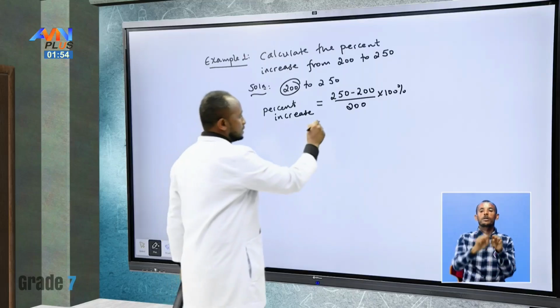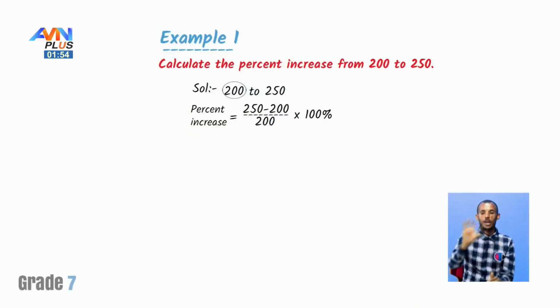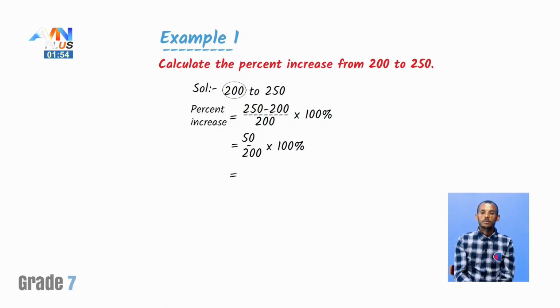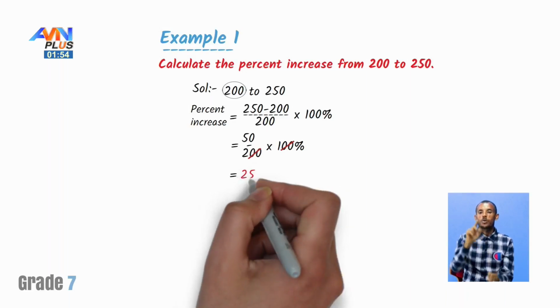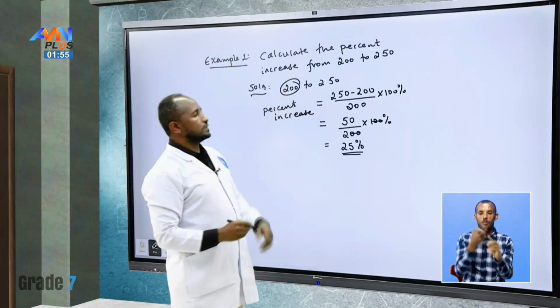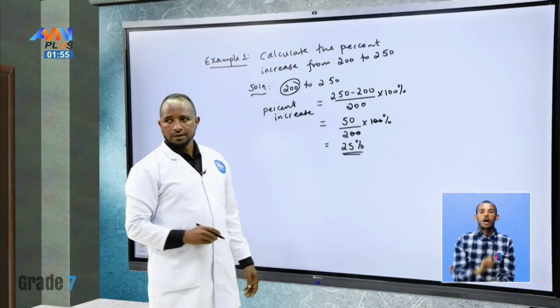So 250 minus 200 is 50, divided by 200 times 100%. Zeros cancel out, and you have 50 over 2, which is 25%. That will be the percent increase from 200 to 250. Then I'll proceed to the next.